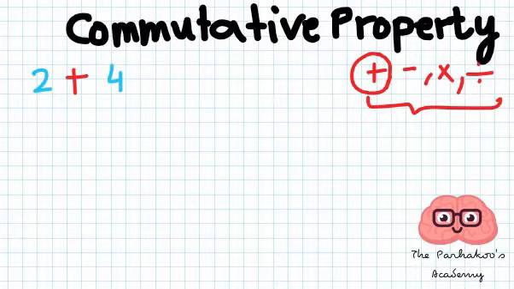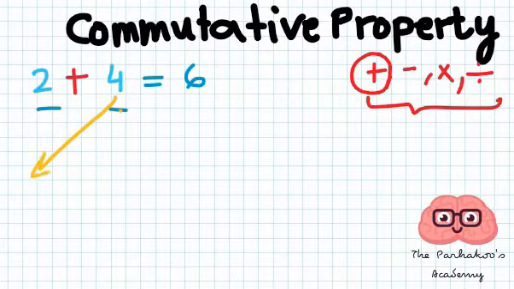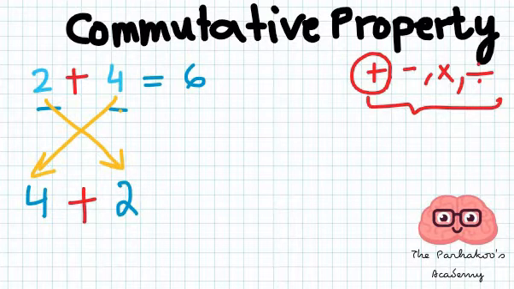We know that 2 plus 4 is 6, isn't it? Now let's swap the positions, or change the order of both numbers. So now instead of 2 we have 4, and instead of 4 we have 2, and the plus operator remains the same. Here 4 plus 2 is also 6.